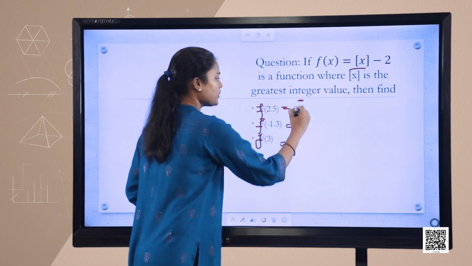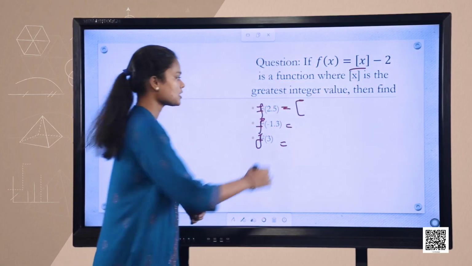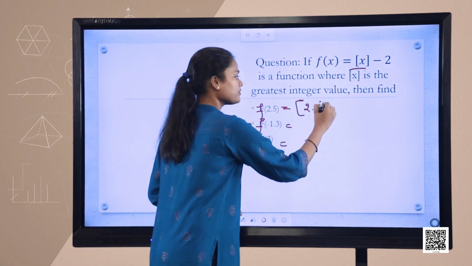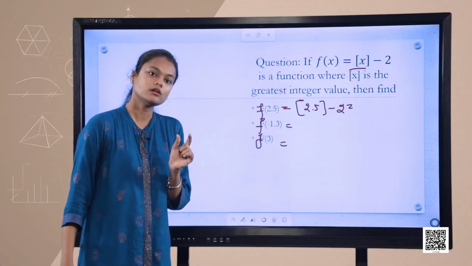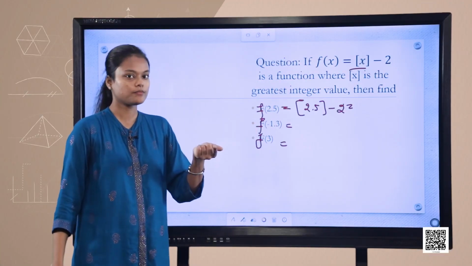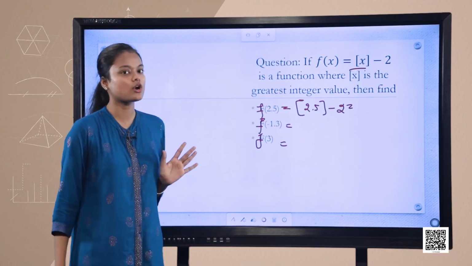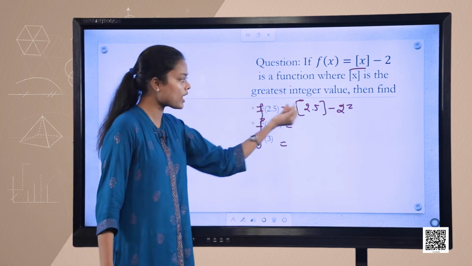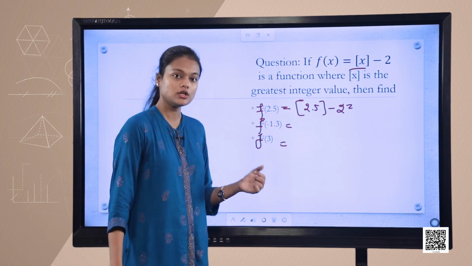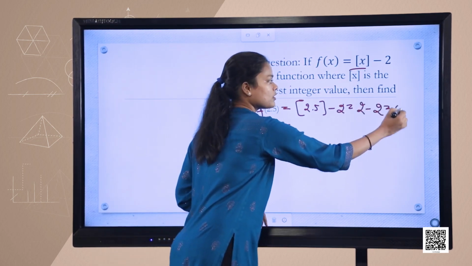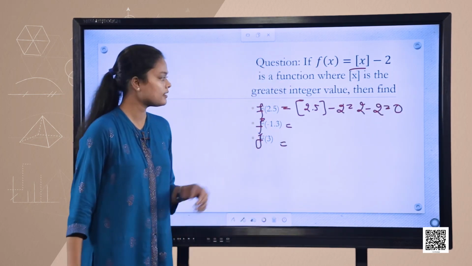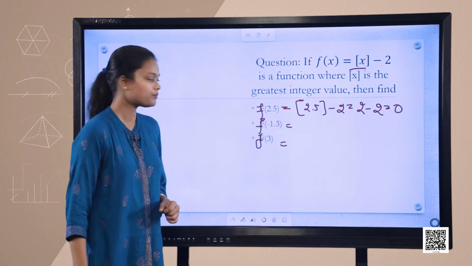In this case, what we're going to do? We'll put the values 2.5, -2. So 2.5 is lying in which interval? 2 and 3, where 2 is included but 3 is not included. That means the value of this function is 2. So the answer will be 0.